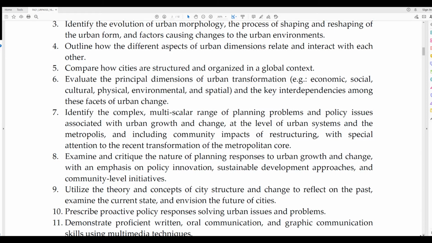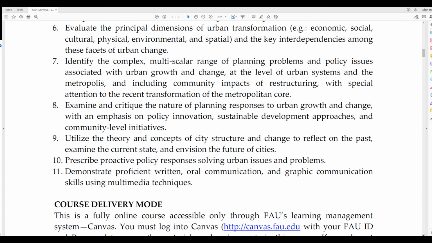Number 7 is to identify the complex multi-scalar range of planning problems and the policy issues, and how we help to address those issues. And then we're going to examine and critique the nature of planning responses to urban growth and change, and also cover the theory and concepts about city structure and change, to reflect on the past and then to envision the future.